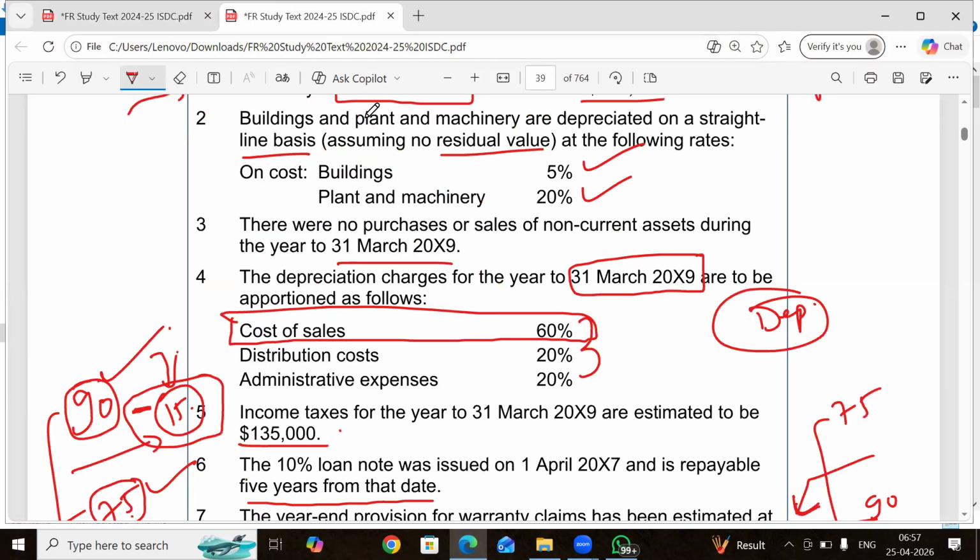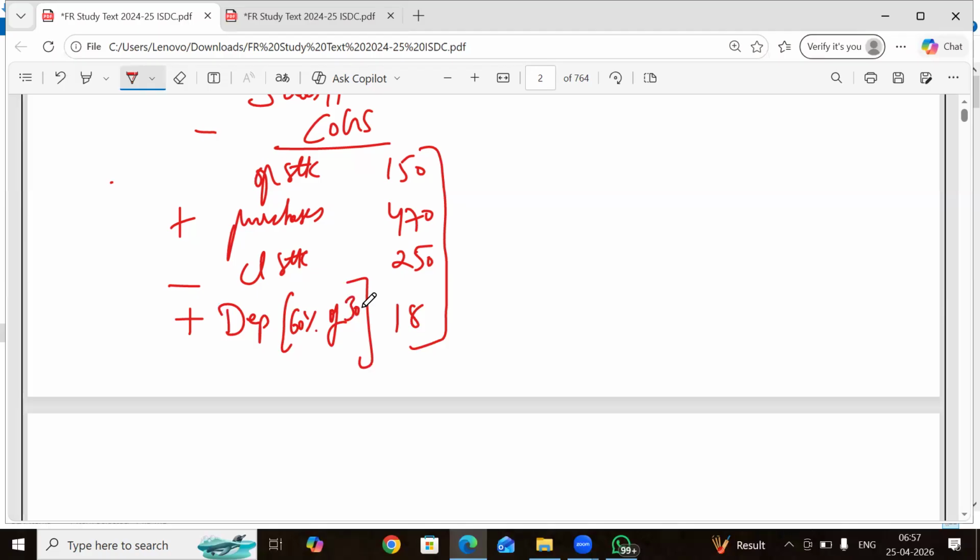Just add all the amounts. 150 plus 470 minus 250 plus 18. 388.